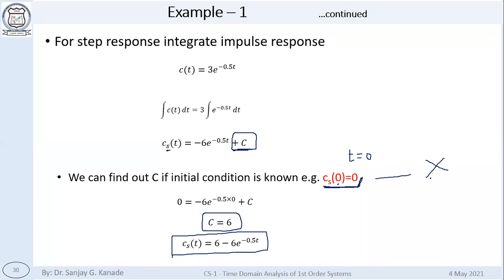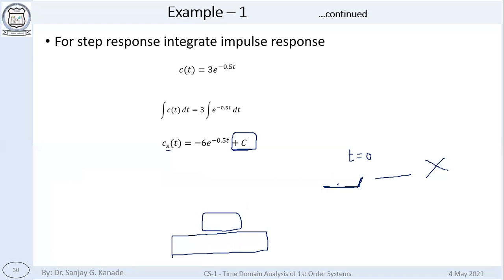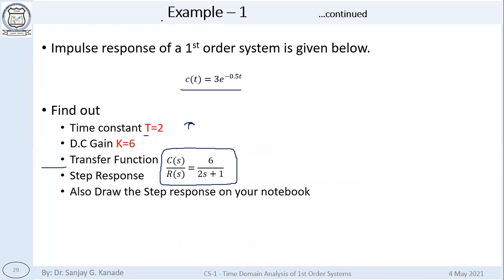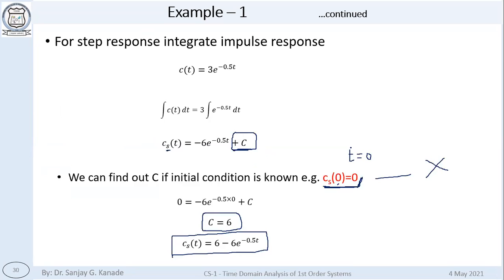By the way, recall that we already have the transfer function of the system. So can we find the step response now? From the transfer function, we can find the step response by what?